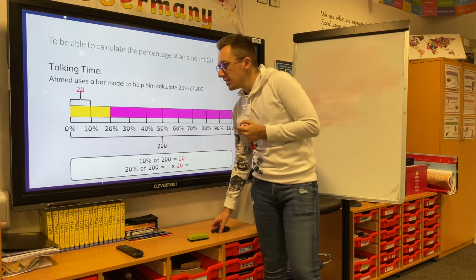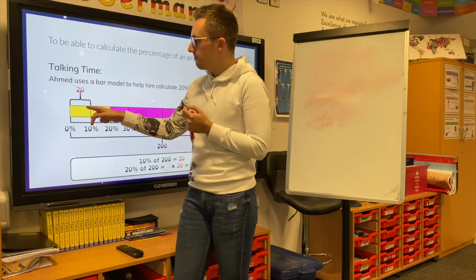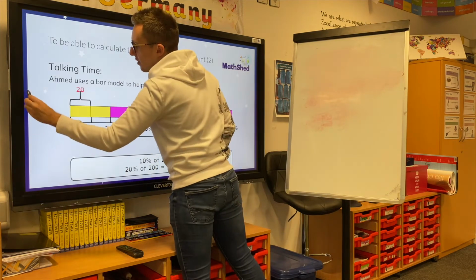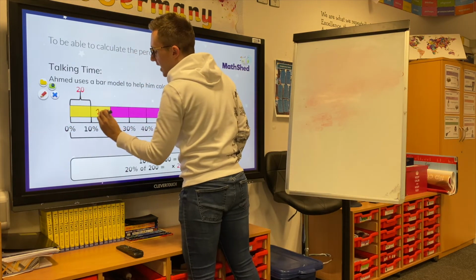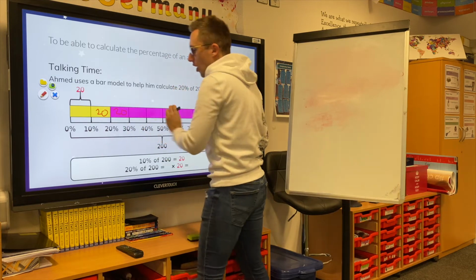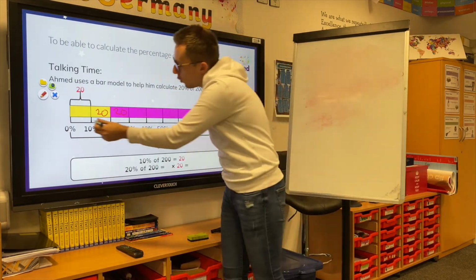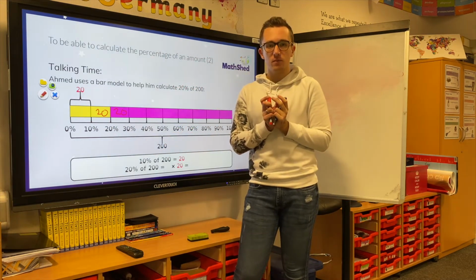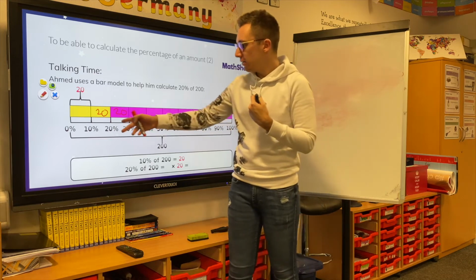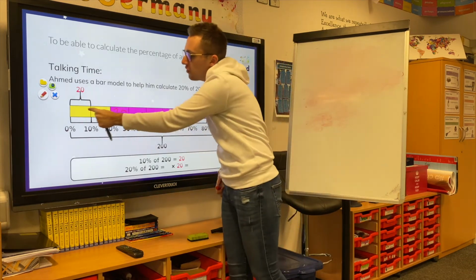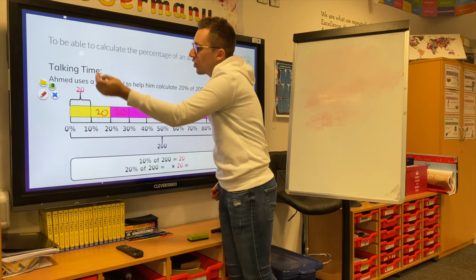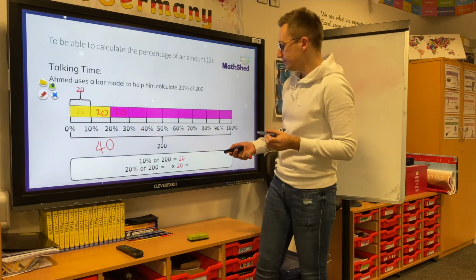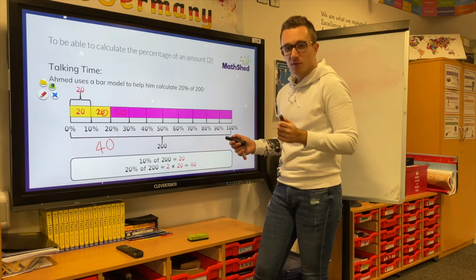Now if we know that 10% is 20, all of these are also going to be 20. So this one here is 20, and so on and so forth. We want 20%. So we find 10%, and then we times it by 2 for 20%, because we need 2 of them. So we've got 20, add 20, which is 40. The answer is 40.